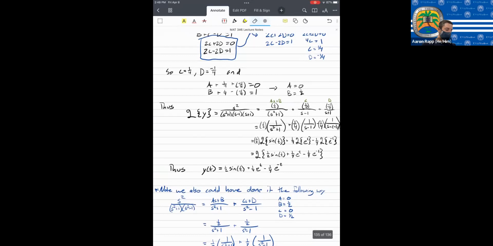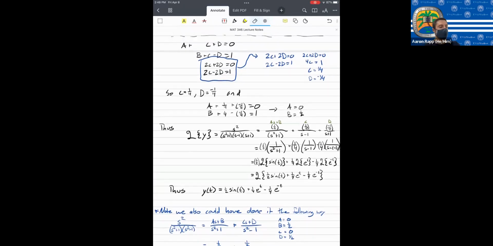And that's how we get the exact solution. That's what I get for not doing row reduction with the matrix.